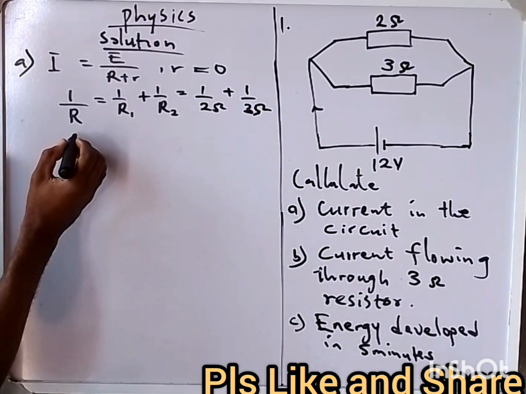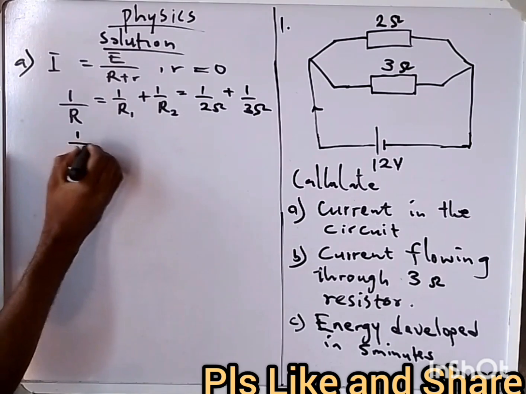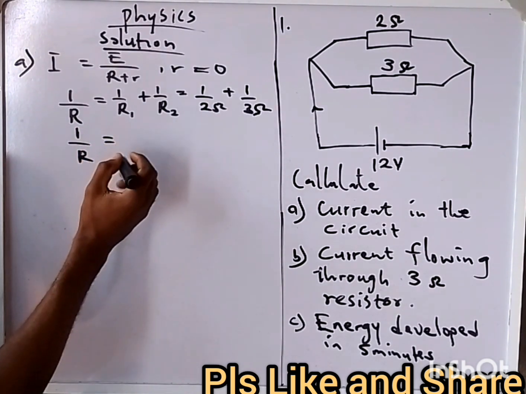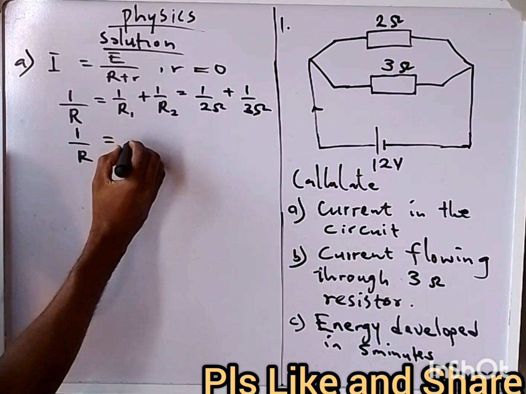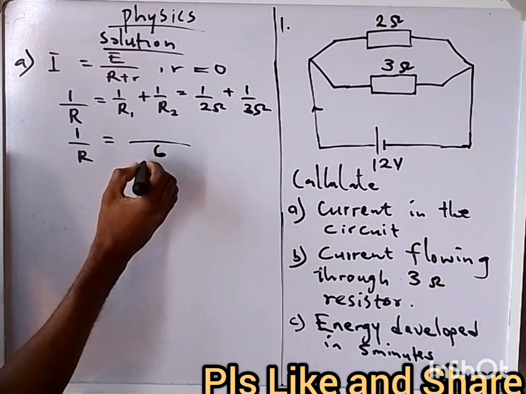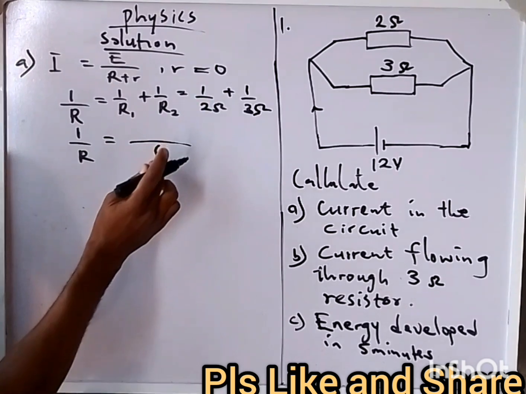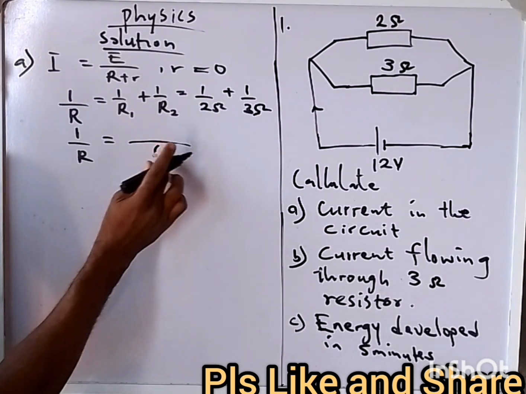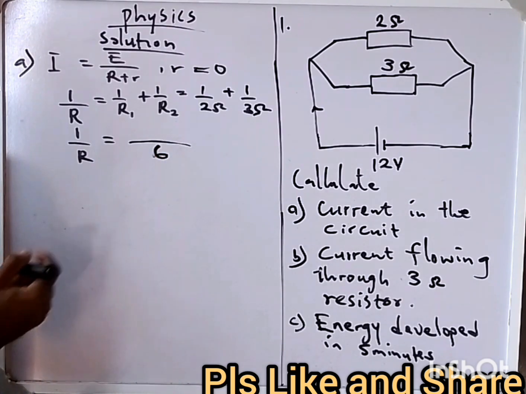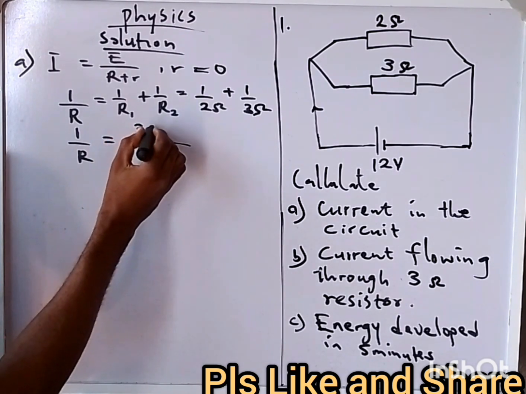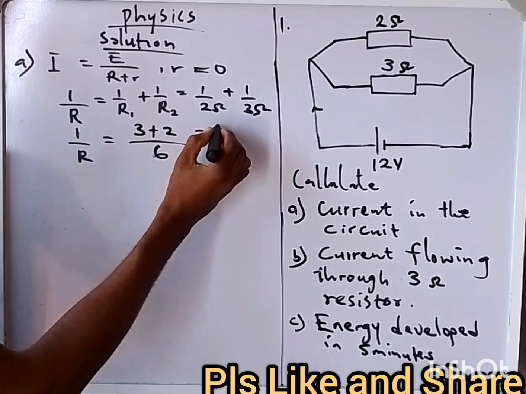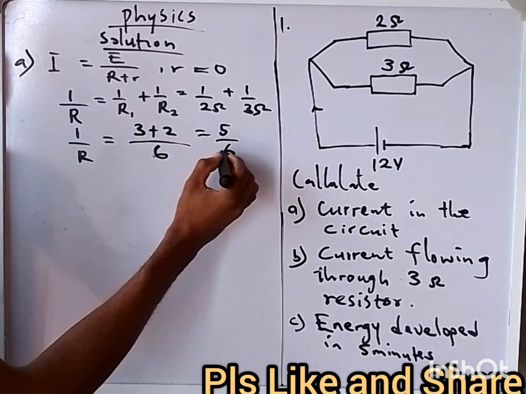So we now have that 1 over R is equal to, the LCM of these two numbers here is 6. 2 goes into 6 three times, 3 plus 3 goes into 6 two times, so you have 5 over 6.